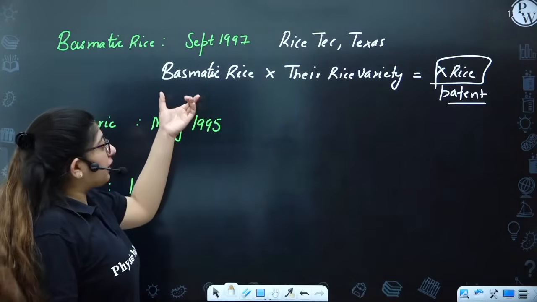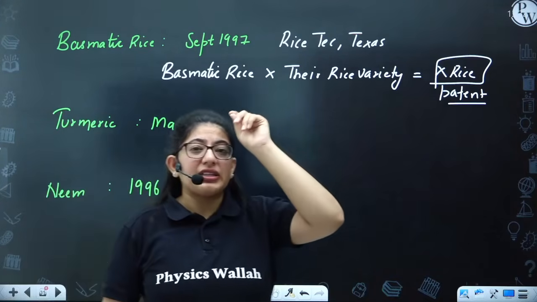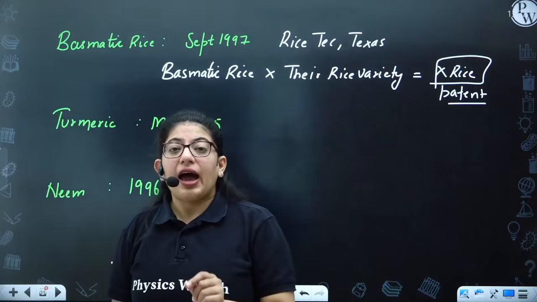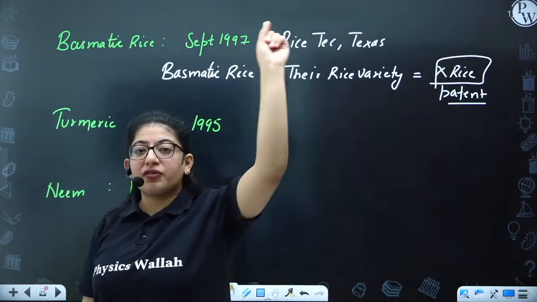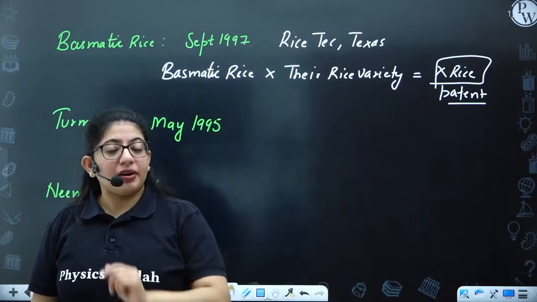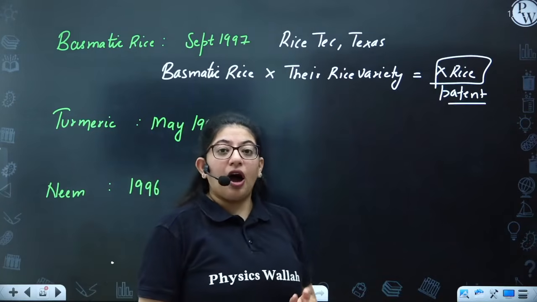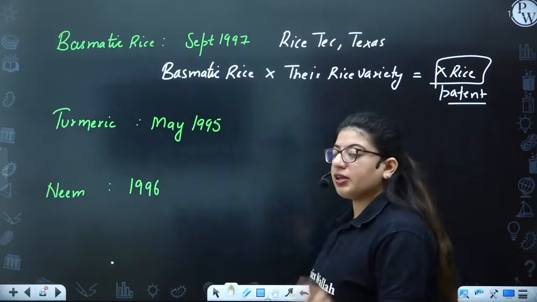Why? They didn't ask about our basmati rice. In India, there are 27 documented basmati rice varieties, right? And there are around 2 lakh varieties of rice that are grown in India. And it's also mentioned in our old books and everything like that. Then how can any other country take our gem out of our country? So it's not ethical.